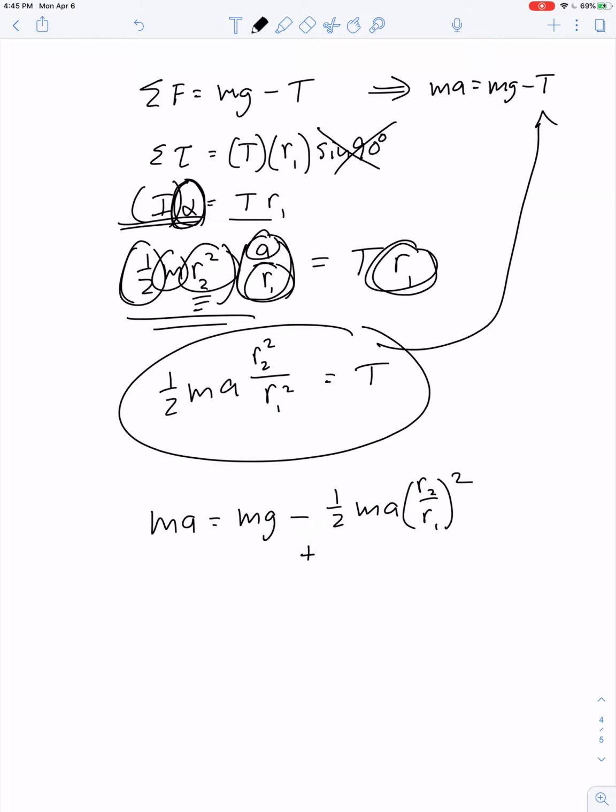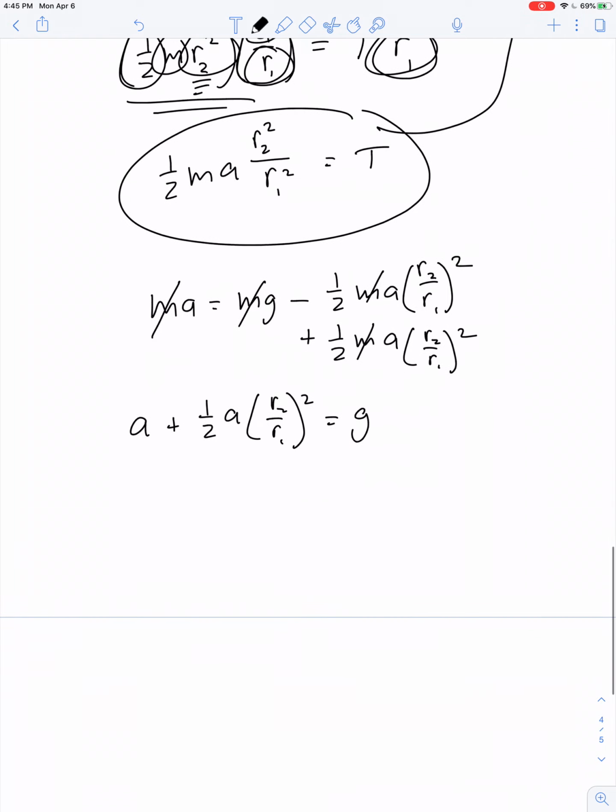And then I can add that expression to both sides of the equation. Actually, I should cancel out the m while I'm at it, right? And so we have A plus 1/2 A times the quantity R2 over R1 squared is equal to G.